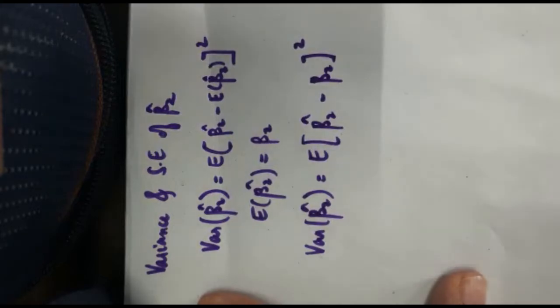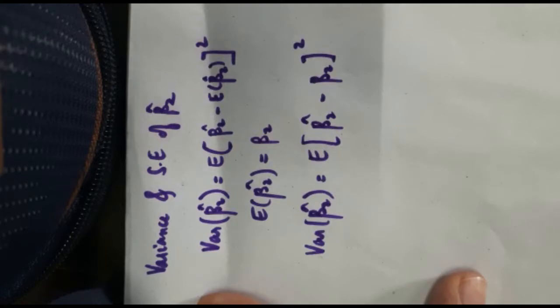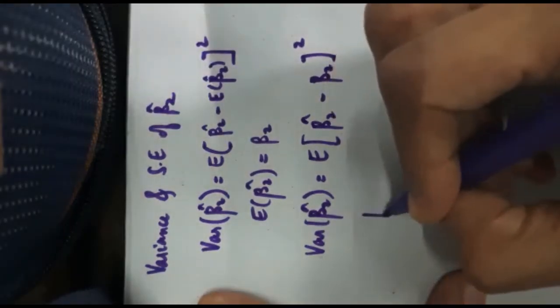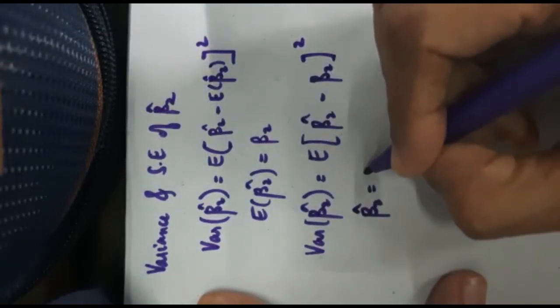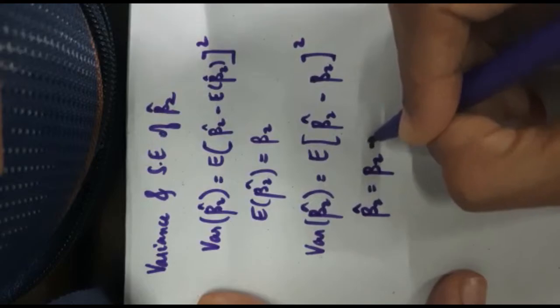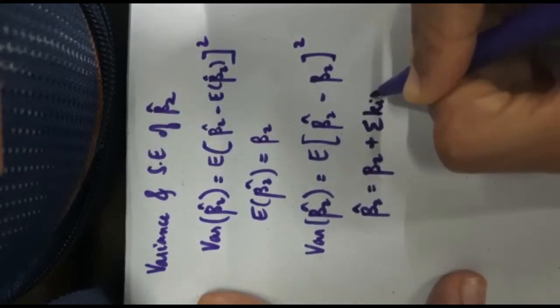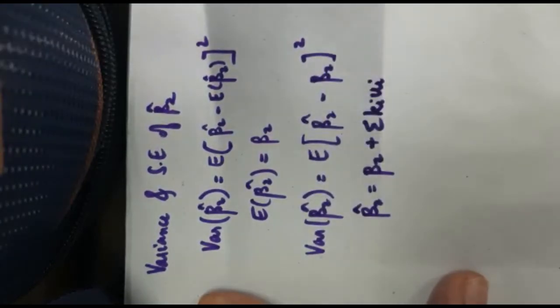Now, if you remember from our earlier proof, where we showed that the mean value of beta 2 hat is an unbiased estimator of population beta 2, we had shown that beta 2 hat is equal to population parameter beta 2 plus summation ki ui.